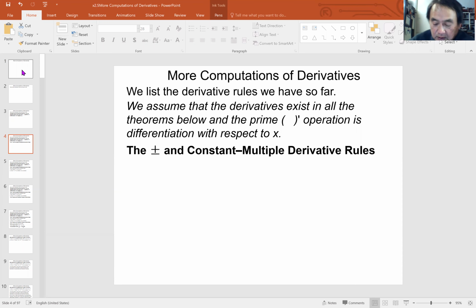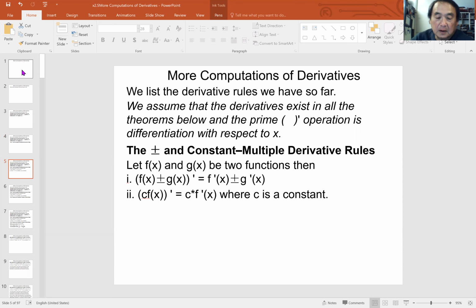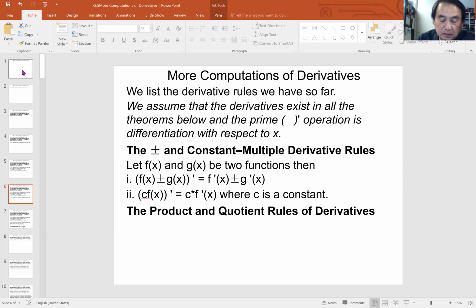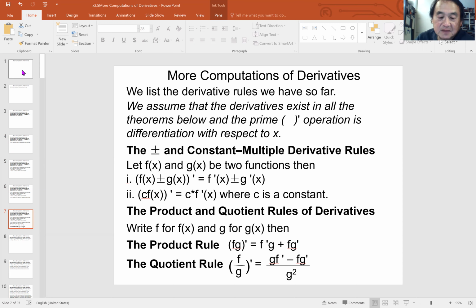The following rules are from last section: the derivative with respect to sum and difference, and the derivative with respect to constant multiple. Then we have the product rule and quotient rule.